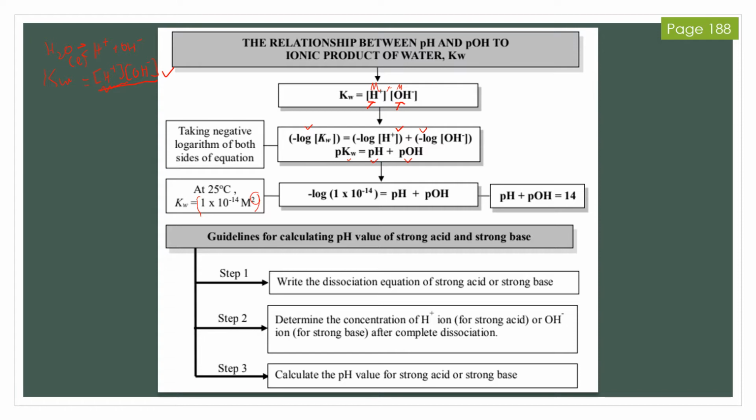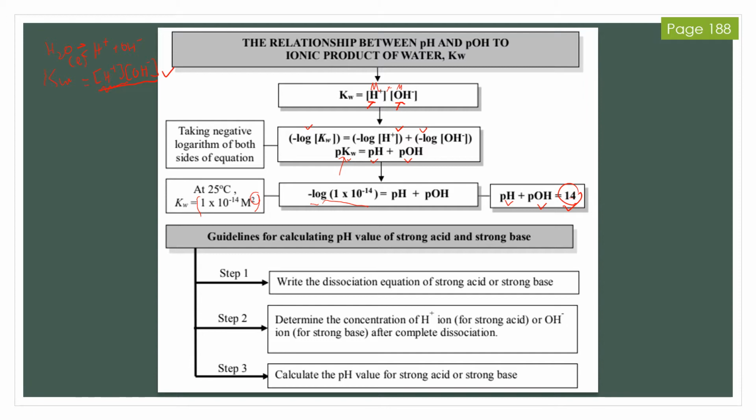Okay, so you already know the value here. Substitute the value of Kw into the equation above. You will get negative log of the Kw value, 1 times 10 to the negative 14, equals pH plus pOH. Simplify it and we get pH plus pOH equals 14. So try pressing your calculator yourself here. You will definitely get 14 at the end.